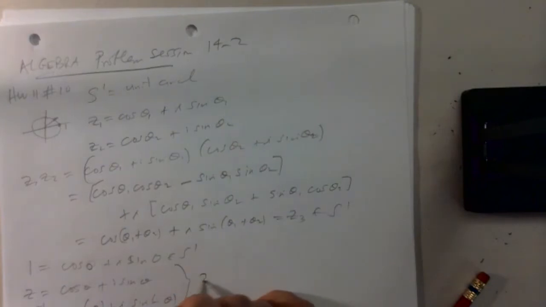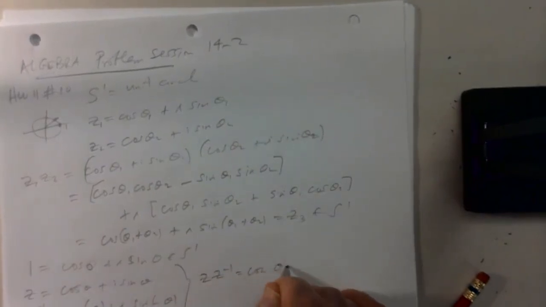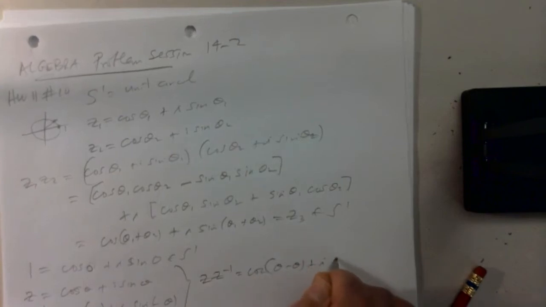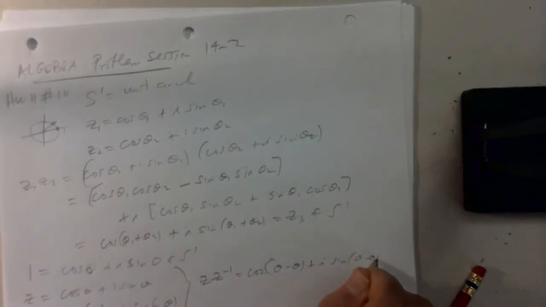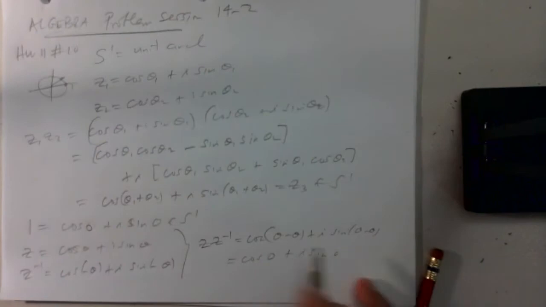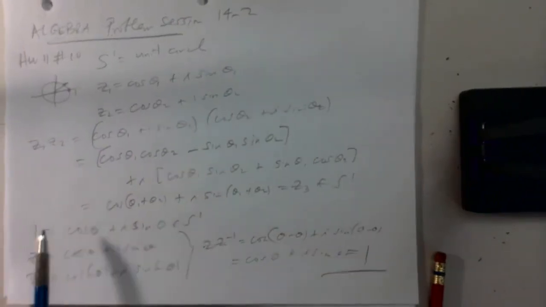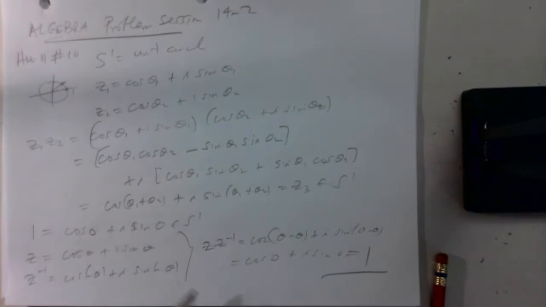Because when you multiply these two numbers together, you get the cosine of theta minus theta plus i sine of theta minus theta. That's cosine 0 plus i sine 0, that's 1. So this set of complex numbers of absolute value 1 is closed under multiplication, contains the number 1, and contains the inverse of each of its elements. So it's a group.